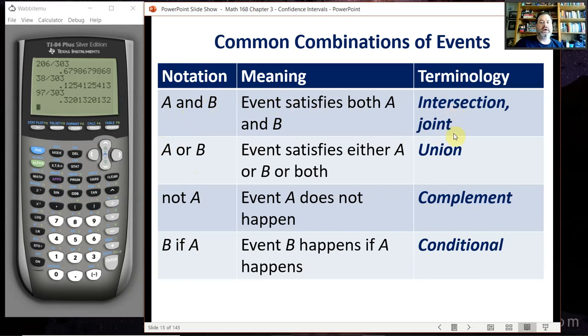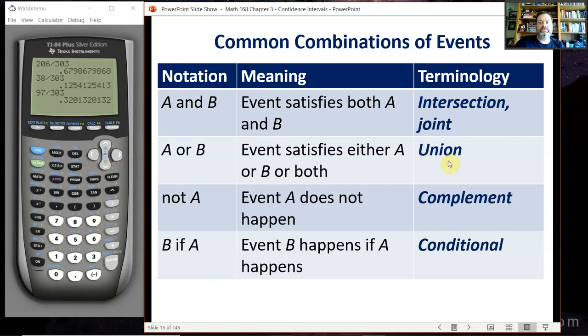Either one's fine, and you'll see both of these used. Or means the event satisfies one or the other or both. In math, the word or is inclusive. So it would be like at the Olive Garden, soup or salad or both. But at the Olive Garden, soup or salad means you don't get both. But in math, you do get both.